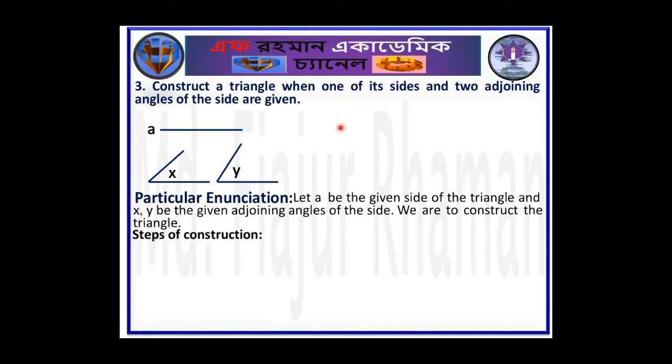Same way, we should consider the ray AE, and then step 1, we cut off AB equal to A from the ray AE. Then we draw an angle at the point A equal to angle X, and another angle at the point B equal to angle Y. Let us do this.